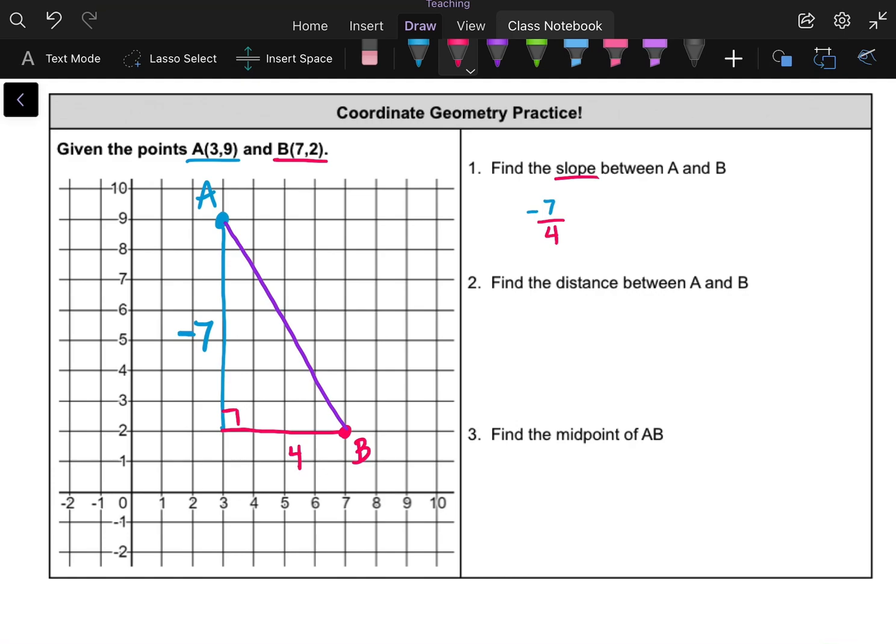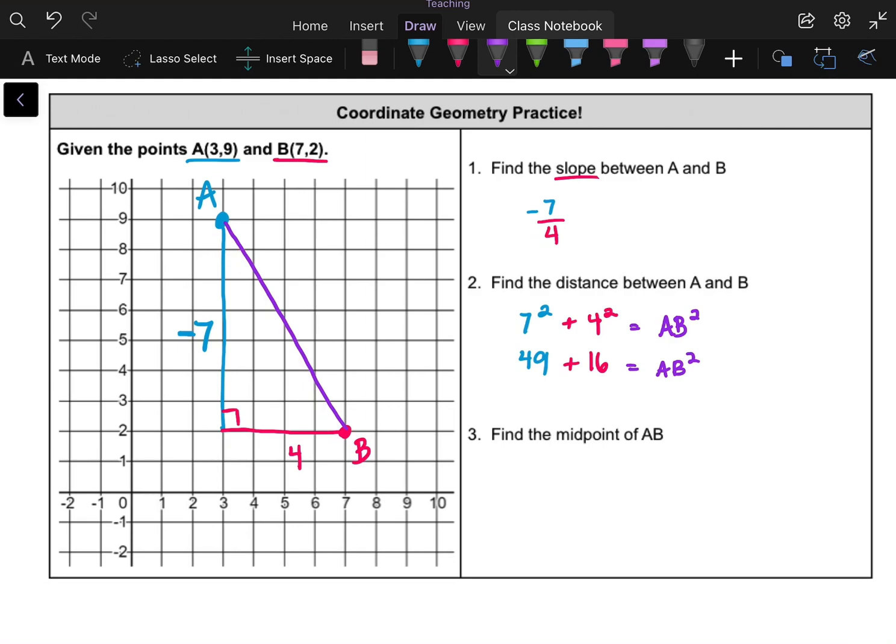Next thing we want to do is find the distance between A and B. So again, our vertical leg is 7, so 7 squared plus 4 squared for our horizontal leg gives us the length of AB squared. So the length of AB again is going to be that distance between the two. So 7 squared is 49 plus 4 squared is 16. This is equal to the length of AB squared.